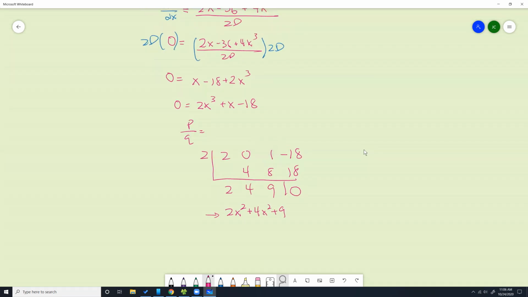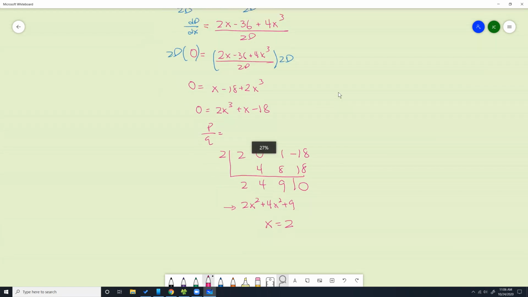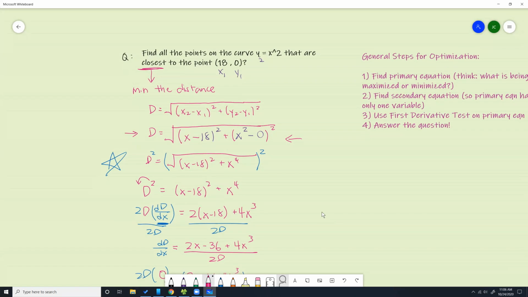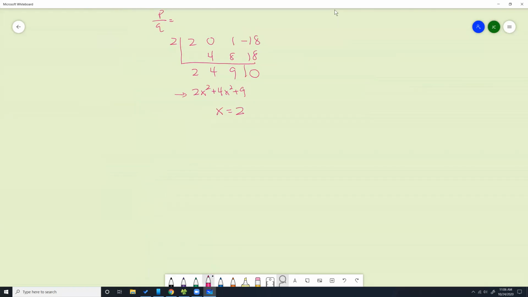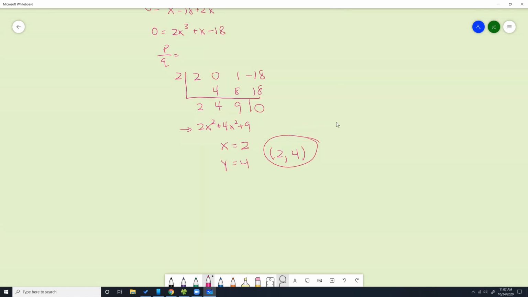All right, so to save you the time, the only factor there is x equals 2, which means if you plug it back into the original equation, y equals x squared, then y equals 4. And so that coordinate point will be your answer.